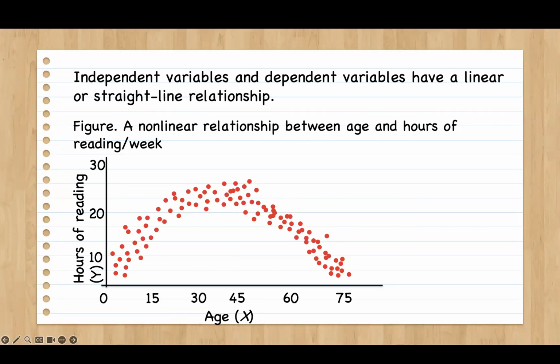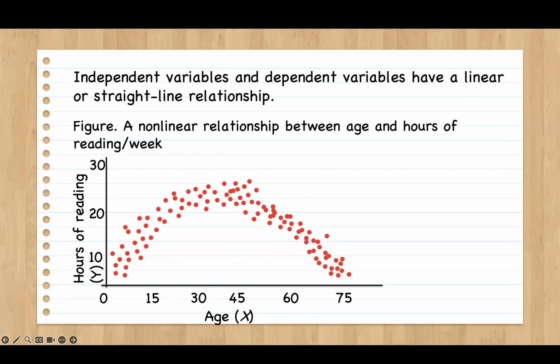Here, instead of seeing a straight line, you see a tightly clustered scatter around a curve. If we calculate the correlation coefficient, you may see it's equal to 0, which suggests there's no linear association between these two variables.